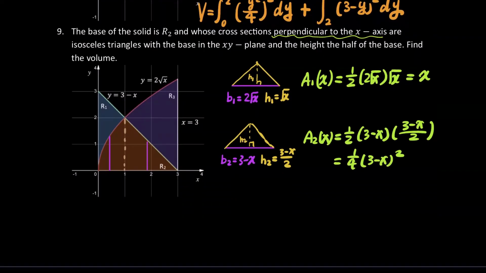And in this case, the volume goes from the left portion, 0 to 1, the first area function, and then from 1 to 3, and we're sticking in the second area function.